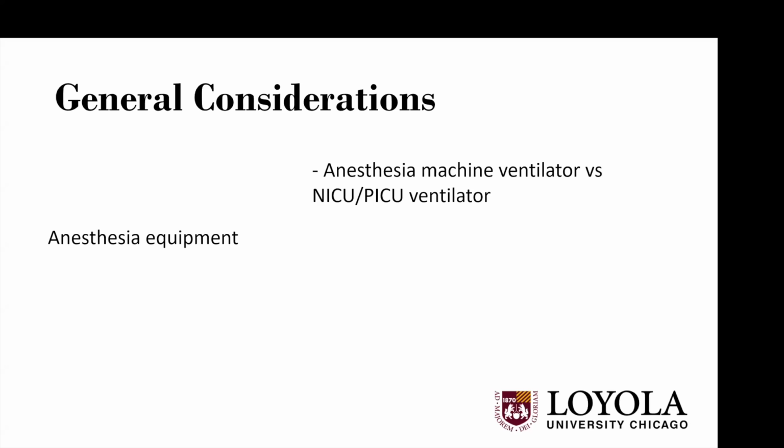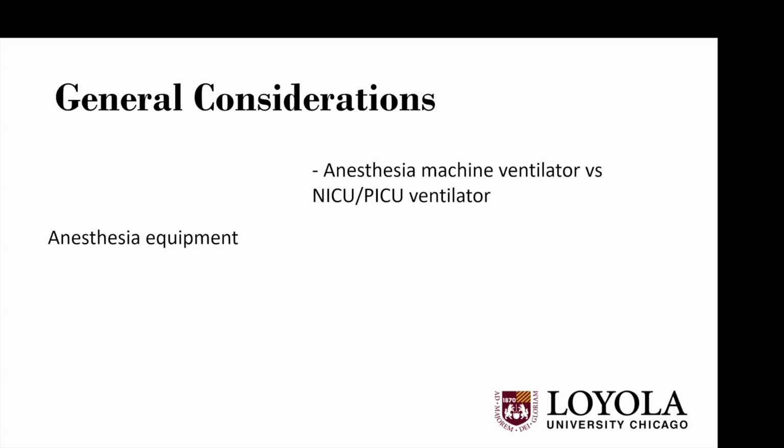But some of those NICU or PICU ventilators are very effective in ventilating them. So you have to think ahead and have that conversation with the intensivist or neonatologist, about how their ventilation was in the unit, and whether you will need a NICU or PICU ventilator, which has a lot more modalities to ventilate the baby.